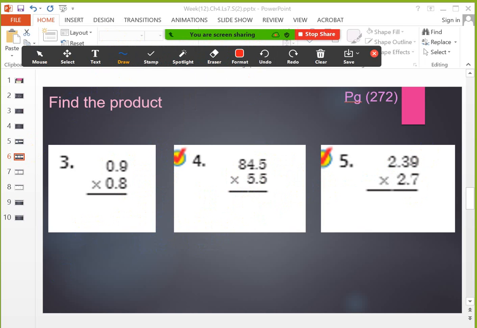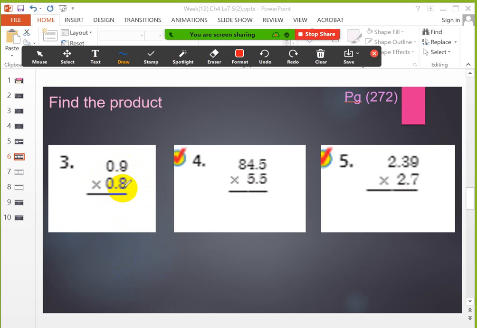Yes, Aryaf. Could you please open your mic? Now I want to multiply 0.9 with 0.8. 8 multiplied by 9 equals 72.